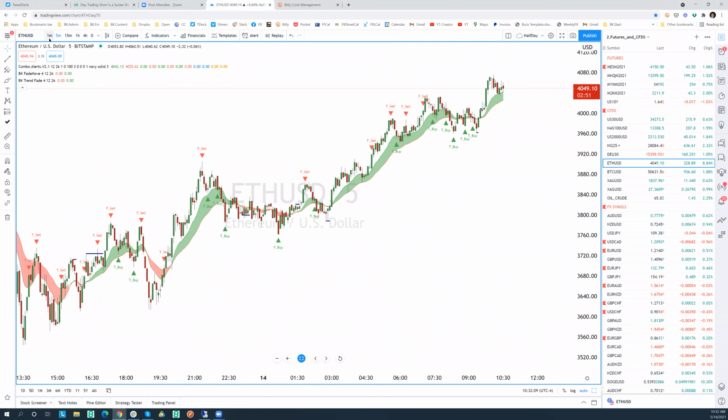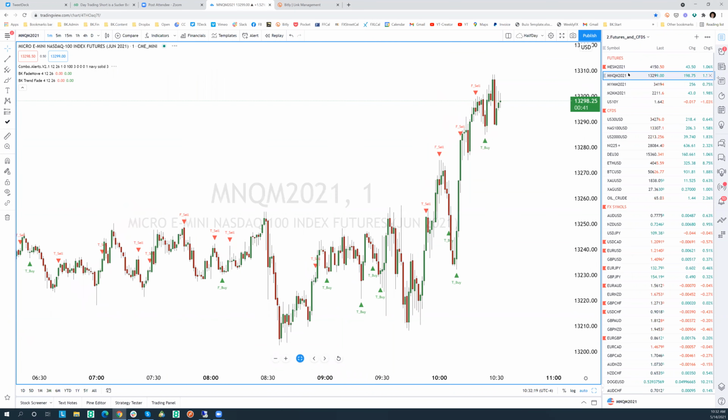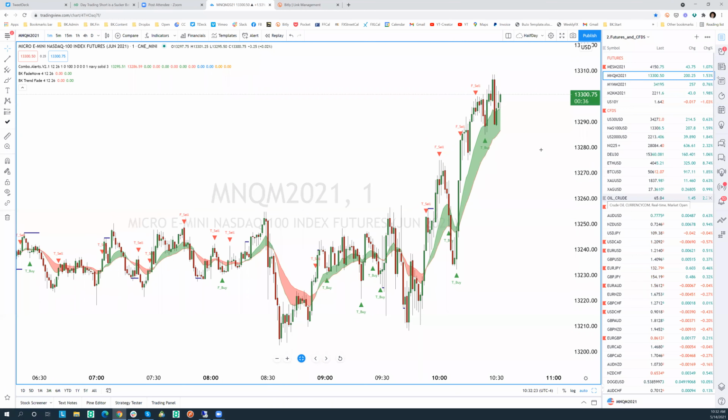All right, back to the 1-minute NASDAQ, our bread and butter. Let's see what it's doing. Oh, we had even more. Look at this. Is this the trade that we were in? Yeah, I think this is the trade. I totally forgot, that was the trade that we took. I was like, was there even another signal?